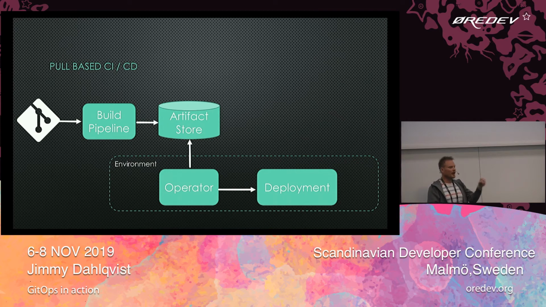But the operator is still already running inside of the environment, so it already has all the access it needs. And an operator can only deploy to the environment it's running in, meaning that the QA operator cannot deploy to production. A production operator cannot deploy to QA. It can only deploy to the environment it's actually running in. So it gives you really strong isolation.